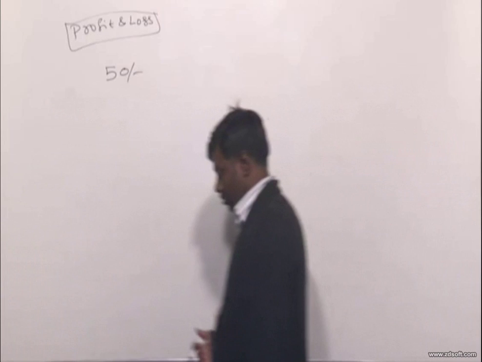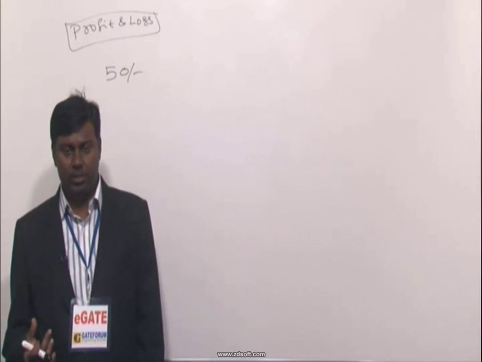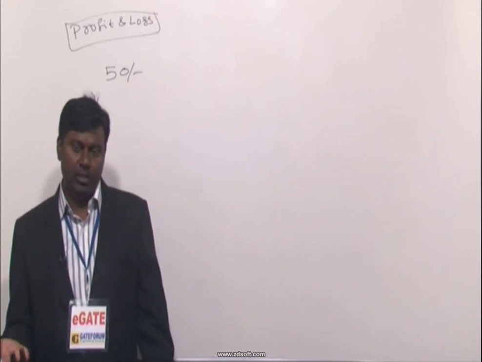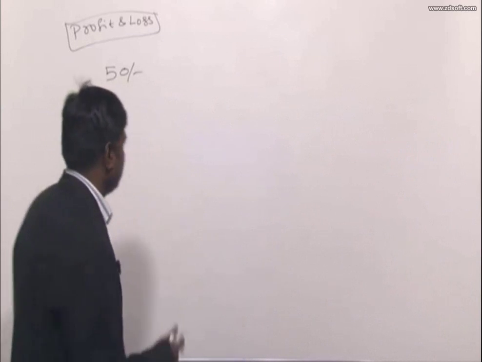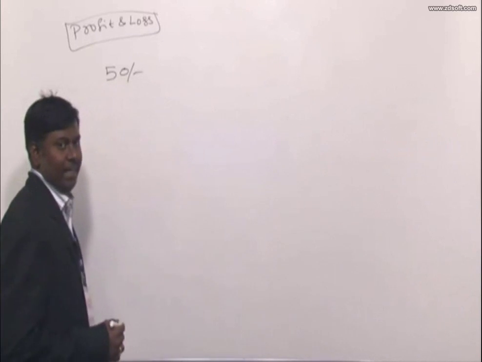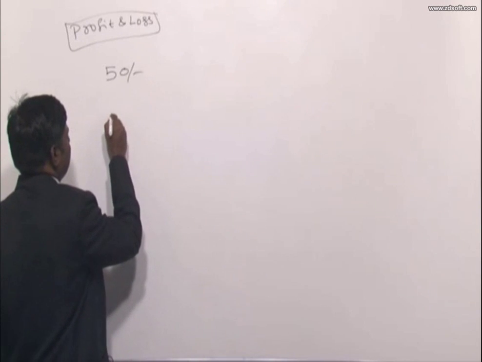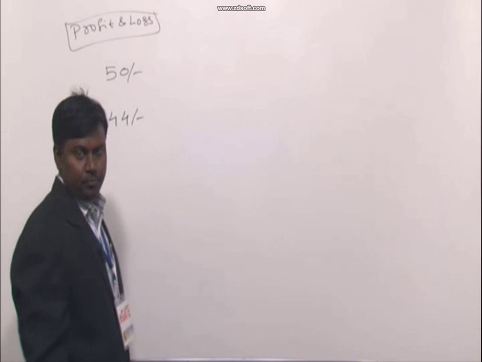Being a common man, I'll bargain. Haggle is one more word you can say. I'll bargain until both parties accept, because I want to buy, I'll stop right at one point. So let us say I end up with 44 rupees.